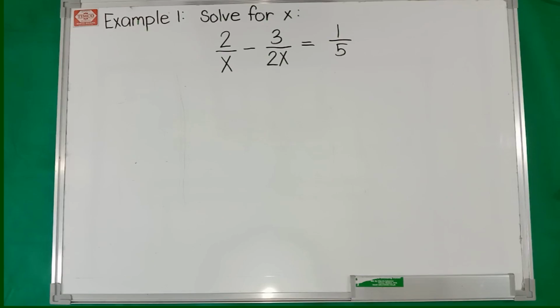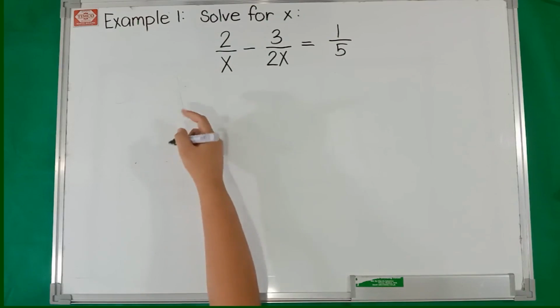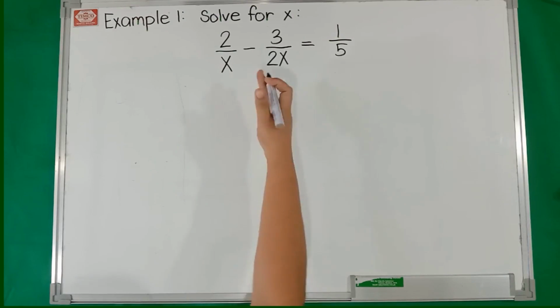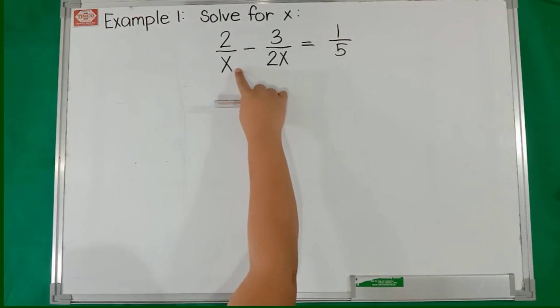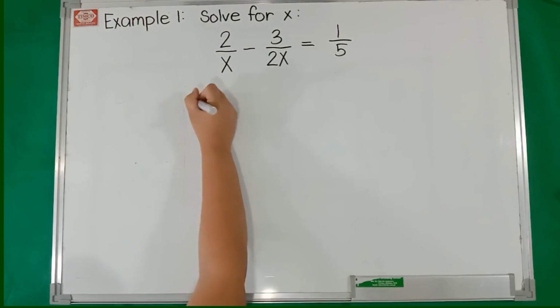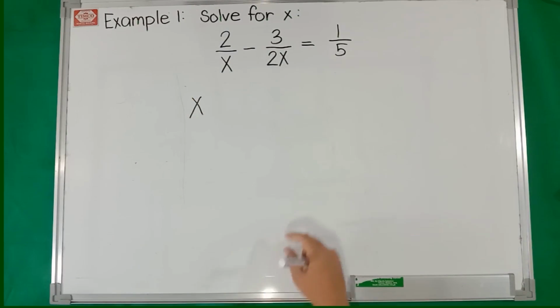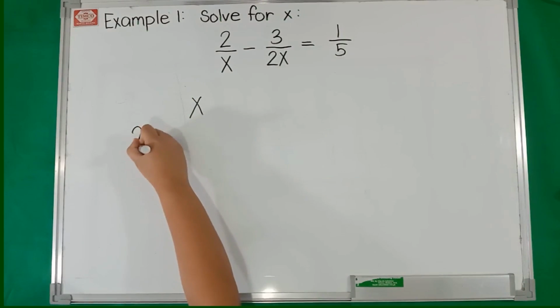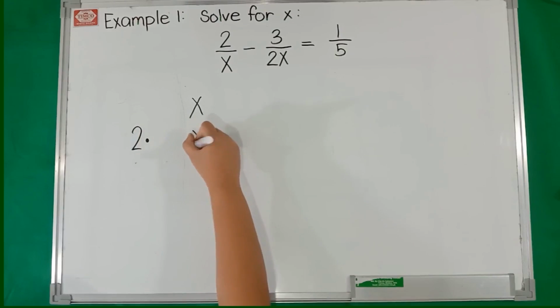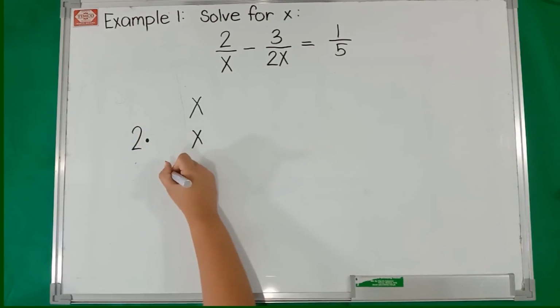In listing the denominators vertically, the denominator of 2 over x is x. The denominator of 3 over 2x is 2x. Note that the variables must be aligned with each other.